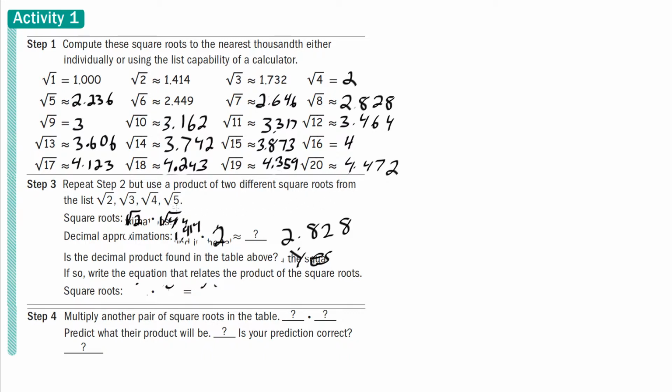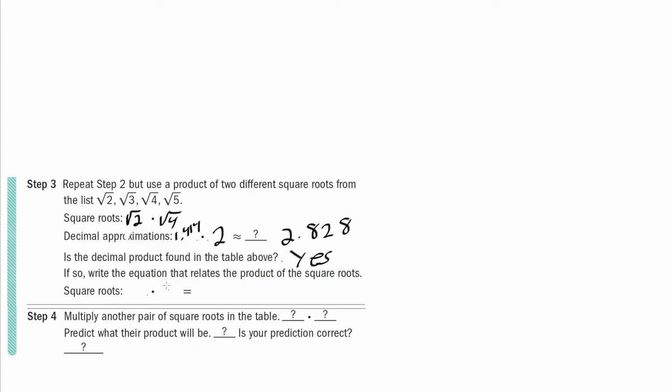So we'll get rid of that. Relates the products of the square roots, and we find that root 2 times root 4 equals root 2 times 4 equals square root of 8. Multiply another pair of square roots in the table, any of them, and predict what their product will be. Is your prediction correct?